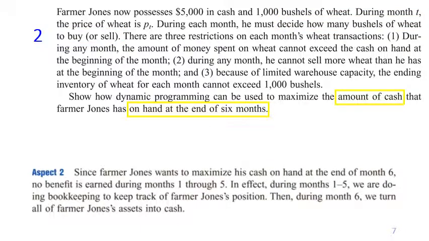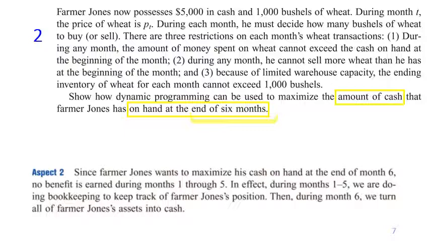For aspect 2, because the objective is we want to maximize the amount of cash on hand at the end of month 6, it means that the cash that you have in month 1, you just take it to month 2 and then do the transaction and everything, and then take it to month 3, month 4, month 5, and so on until at month 6.